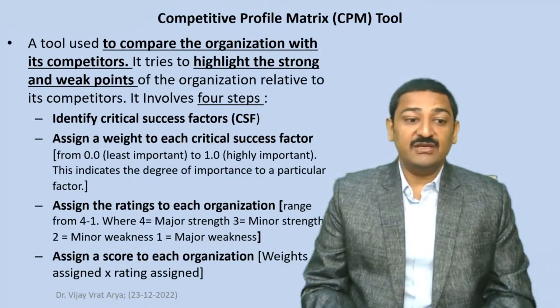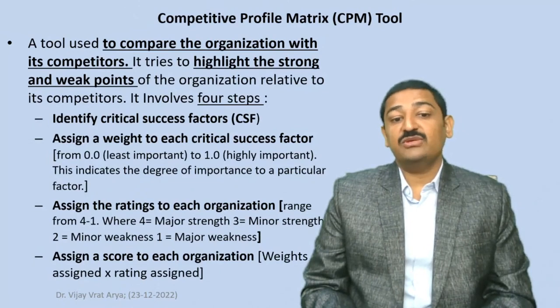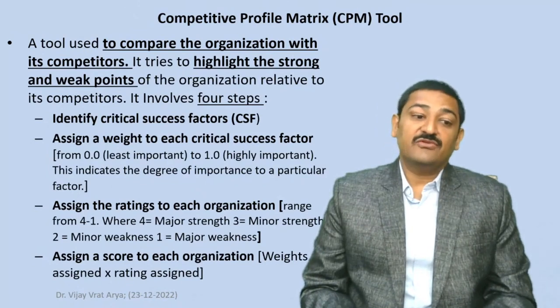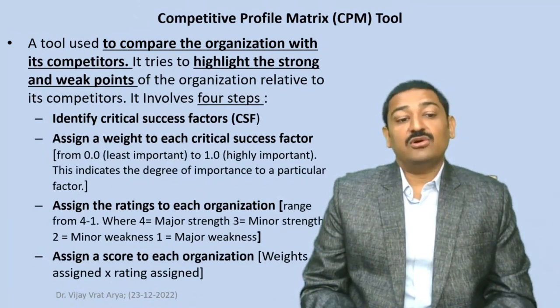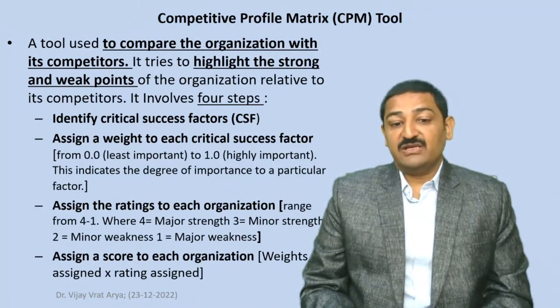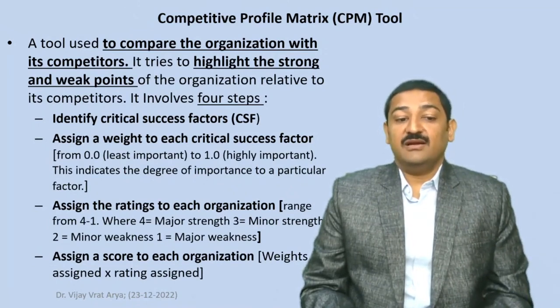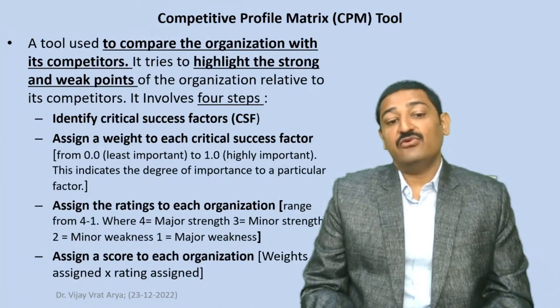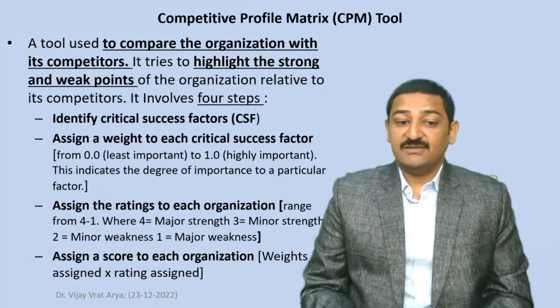Further, in step 3, we assign a rating to each organization from the competitor point of view, ranging from 1 to 4, where 1 stands for major weakness, 2 for minor weakness, 3 for minor strength, and 4 for major strength.